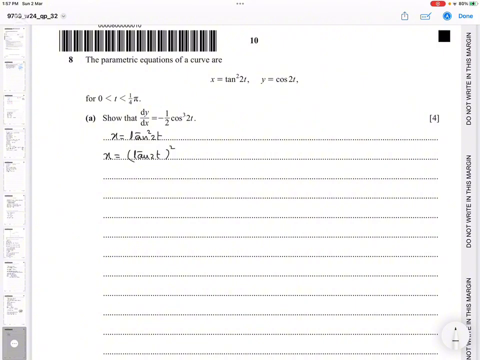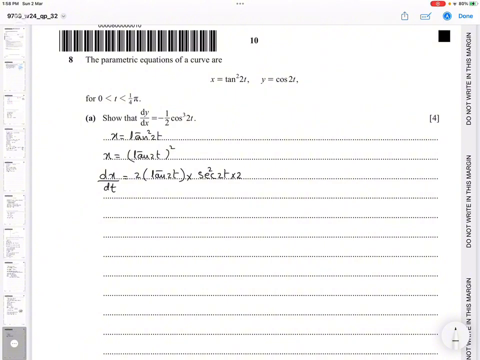Now I differentiate, dx over dt is 2 tan 2t into, the differentiation of tan of 2t is secant square 2t, and the differentiation of 2t is 2.